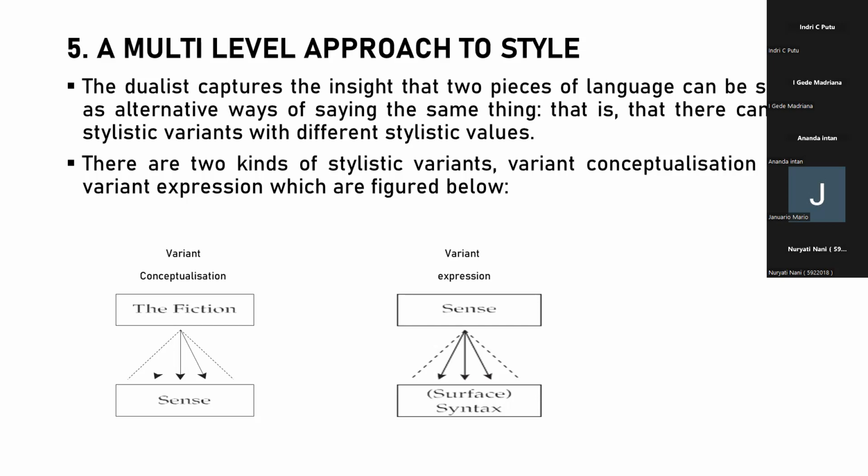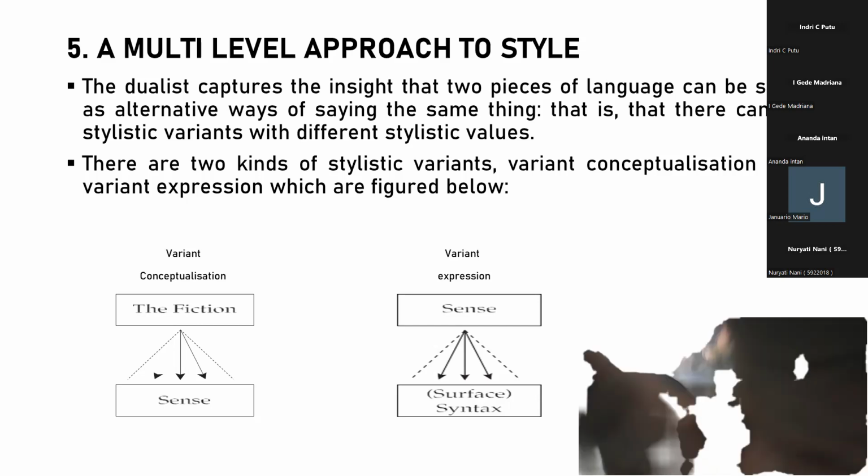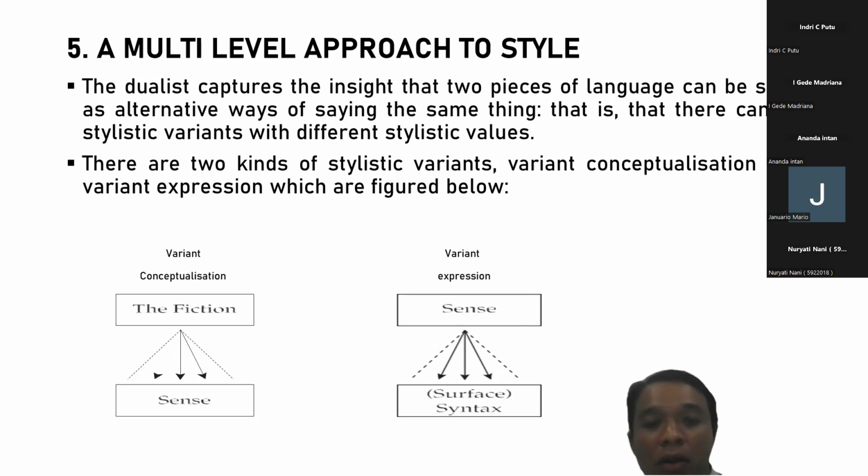So when you are asked by your friends, maybe in the next lecture, how many stylistic variants are there? There are two kinds. The first one is variant conceptualization, and the second one is variant expression. So, what is the difference between variant conceptualization and variant expression?